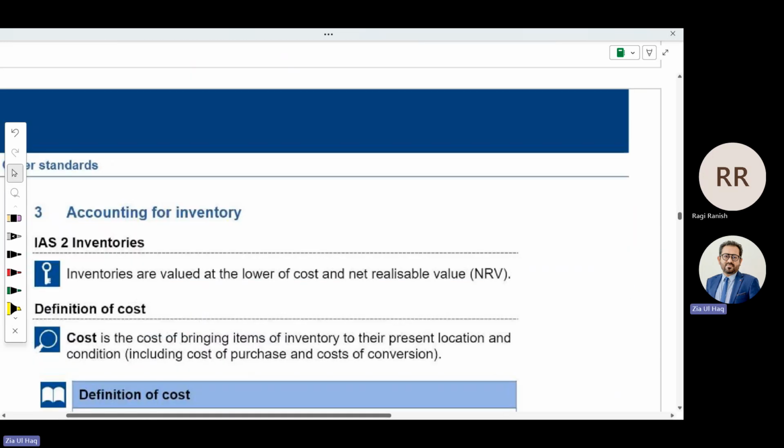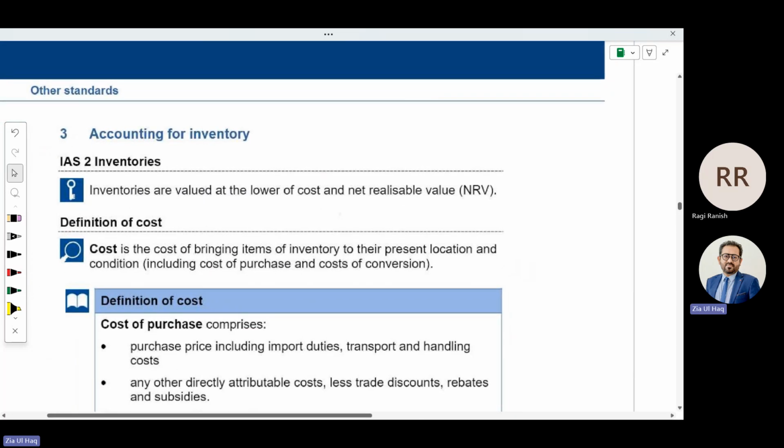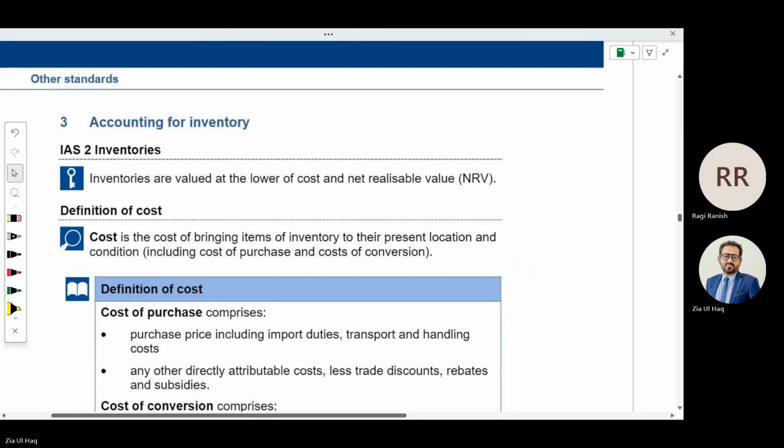Let's discuss one more standard that we have already studied in financial accounting: IAS 2 inventories. IAS 2 says inventories should be valued at the lower of cost and net realizable value. Cost means purchase cost and some expenses. What could those be? We'll discuss.